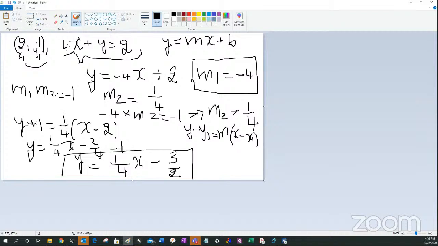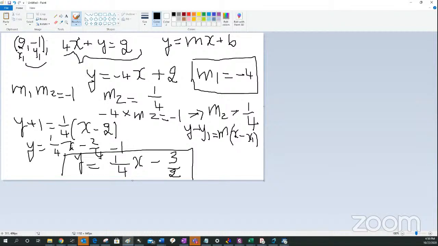The slope is 1 over 4, and x minus x1, where x1 is 2, so x minus 2. Now if you put negative 1 on each side, this 1 goes to the other side.